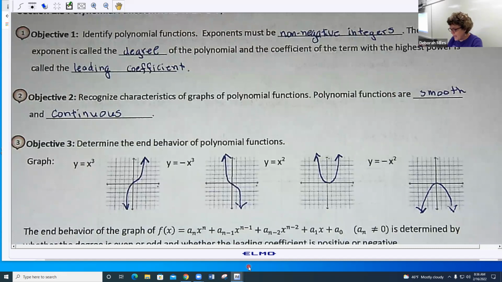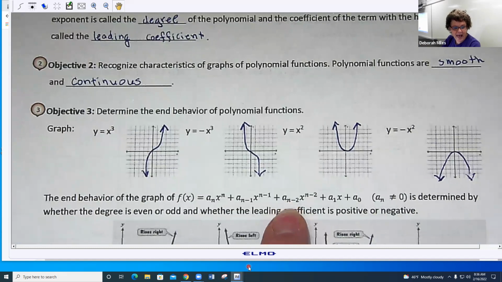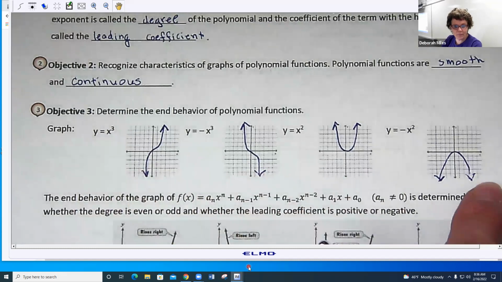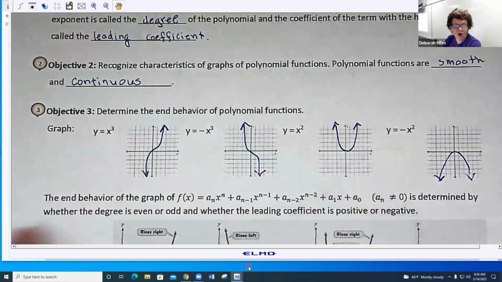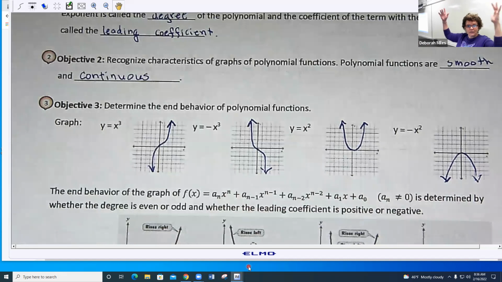Well, it turns out that no matter how big and ugly of a polynomial you have, it has to be doing one of these four things on the end. That's really all anything could do on the end. If I ask you how many different directions you can point your arms, you could have them both up, both down, left down and right up, or left up and right down.